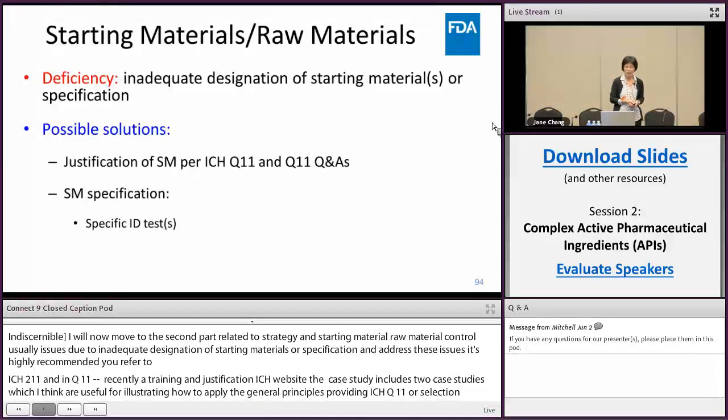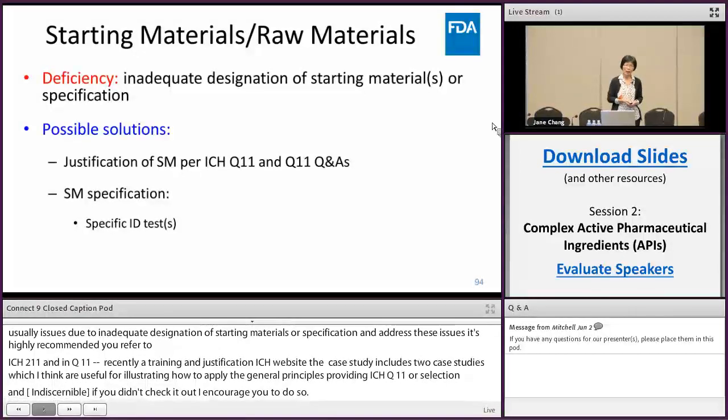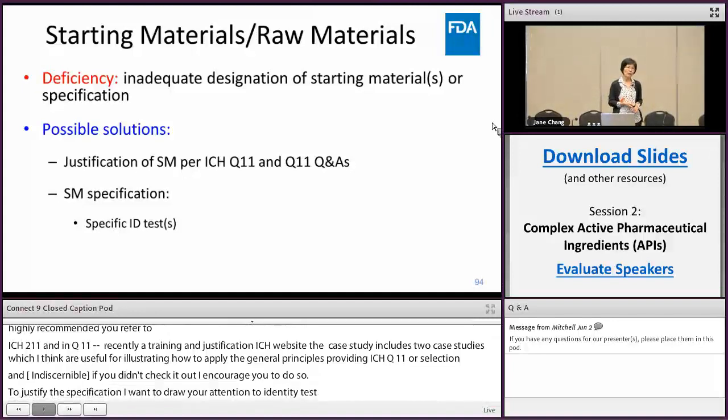To justify the starting material specification, I also want to draw your attention to the identity test. Usually, retention time by a single chromatography is not considered to be specific. However, if you use a combination of, say, HPLC retention time and specific optical rotation, that may be acceptable to be considered as a specific ID test.